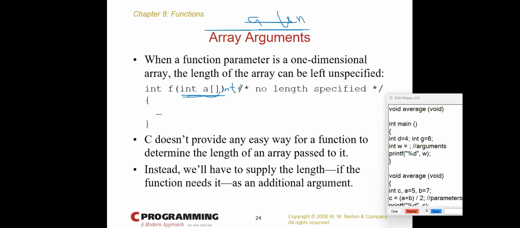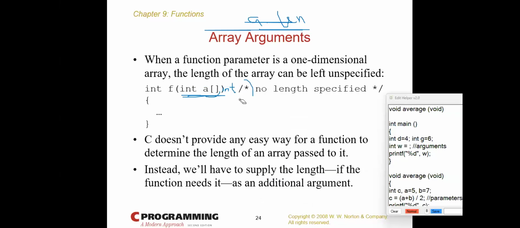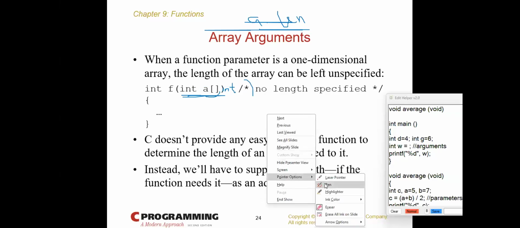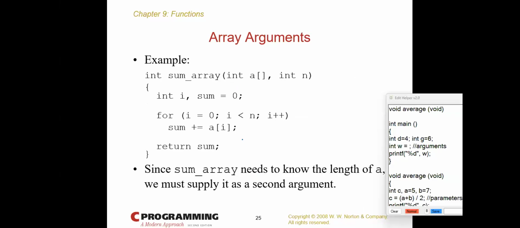So you can send the size as int n as an integer parameter into the function. Okay, so here is the same thing using int n. So the guy computed the size of the array from outside, and then he passed the size of the array directly into the function.